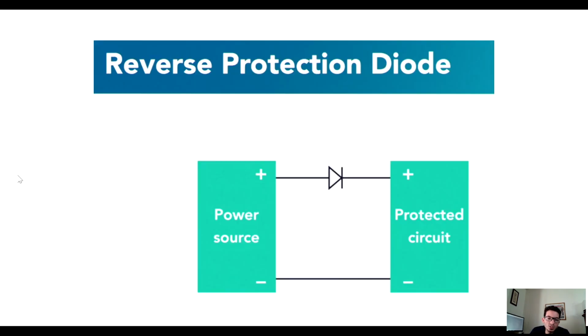Aside from rectifiers, the other very common and very useful application of a diode is for protection, or reverse protection diode. That's the name, where you have your power source right here, all your circuit with capacitors and resistors and inductors.